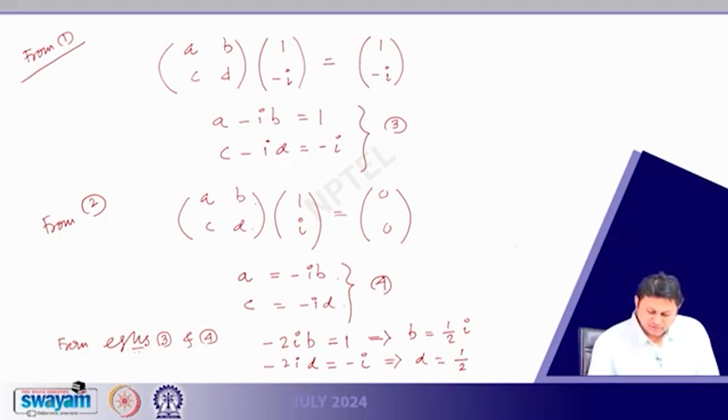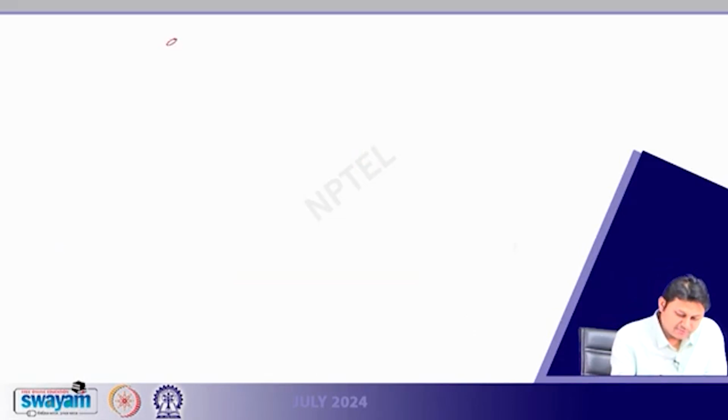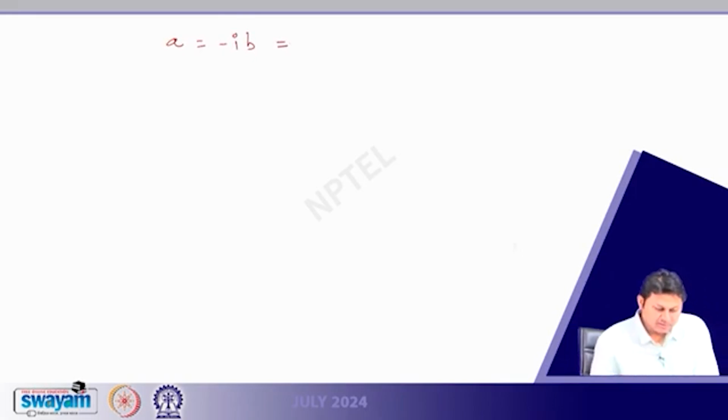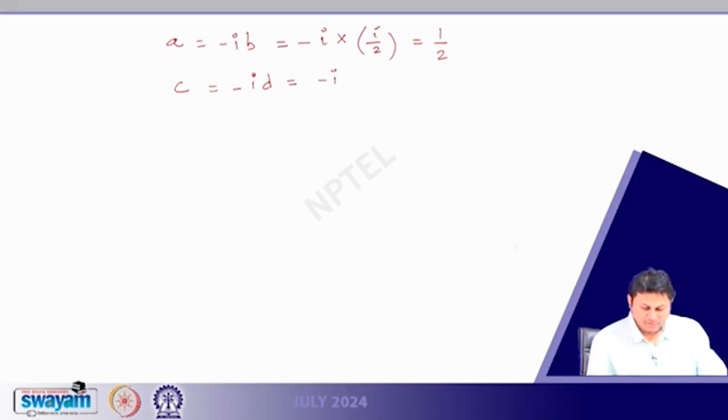Putting that value in equation 4, A equals minus iB, and B is i by 2, so it is minus i multiplied by i by 2, which is half. So my A is half, and C, which is minus iD, is minus i times half, simply minus i by 2.